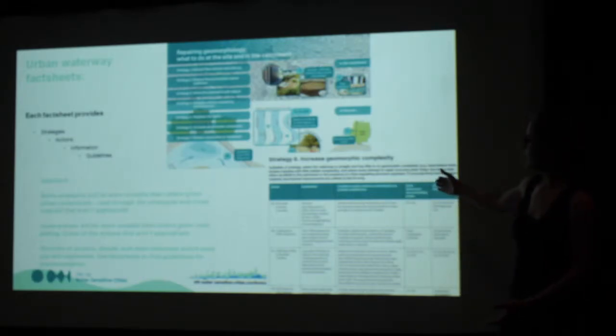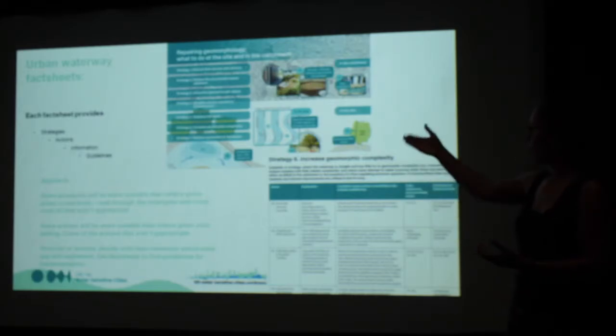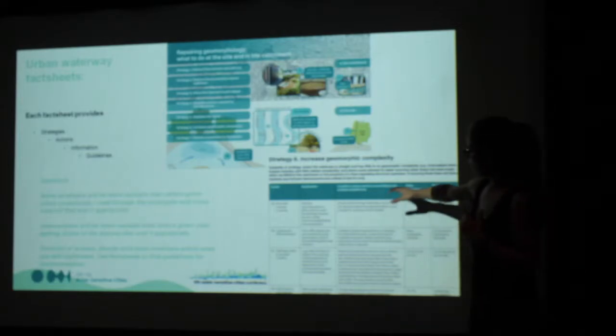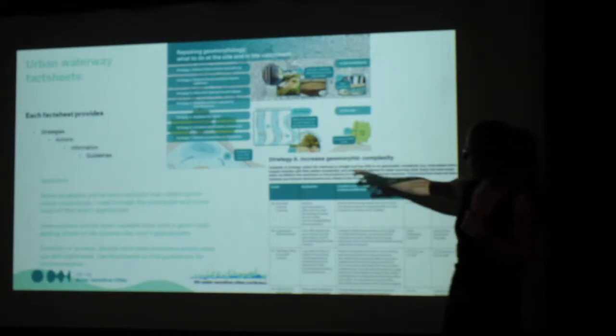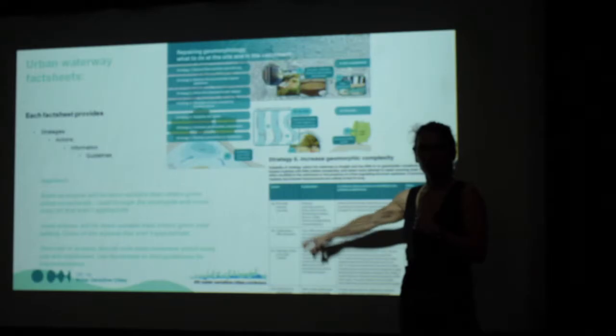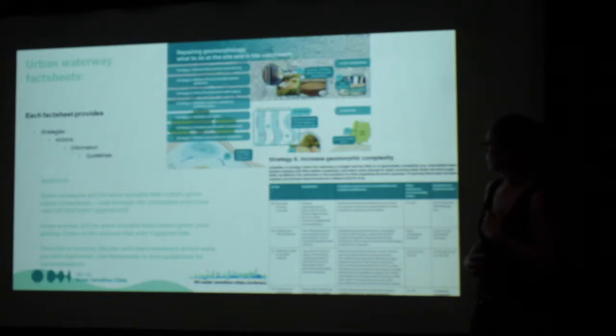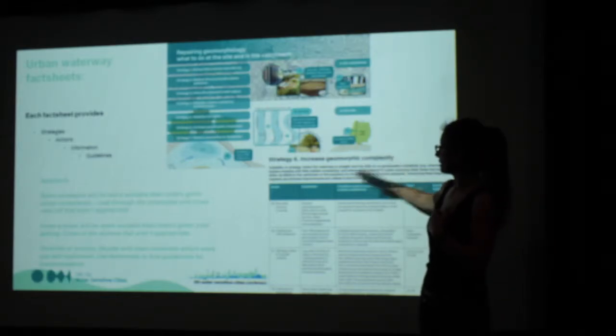And then you're left with maybe all of the strategies, or maybe 2 or 3 strategies that you think are appropriate. Then you come to the tables for that given strategy and you read all the actions. There's 5 or 10 actions that can deliver that strategy of slowing water or increasing geomorphic complexity at that site.